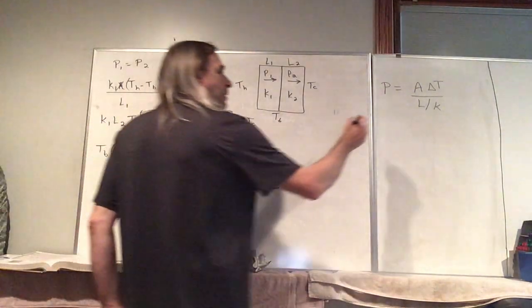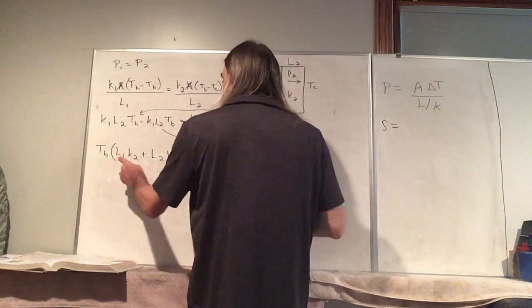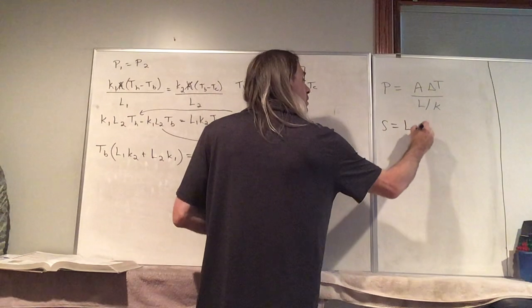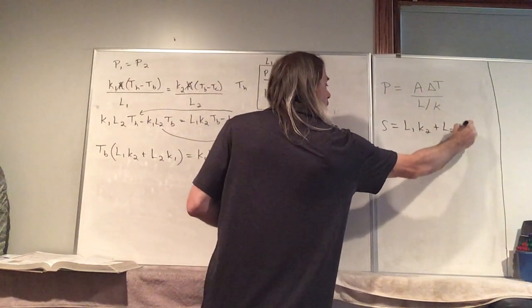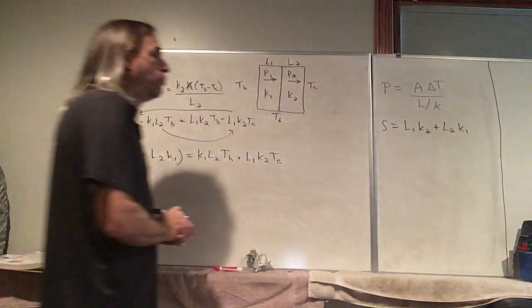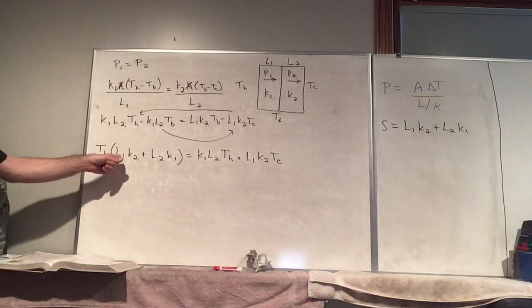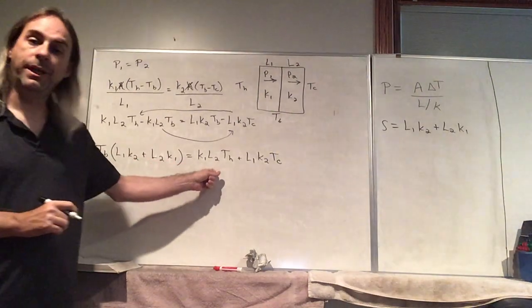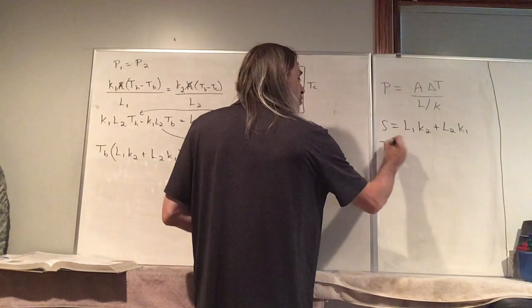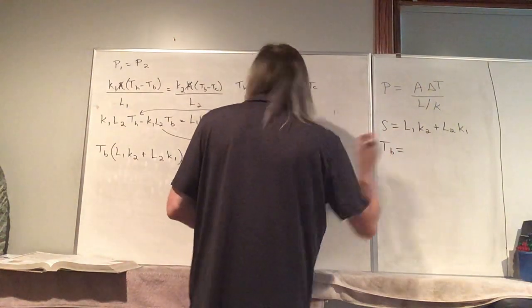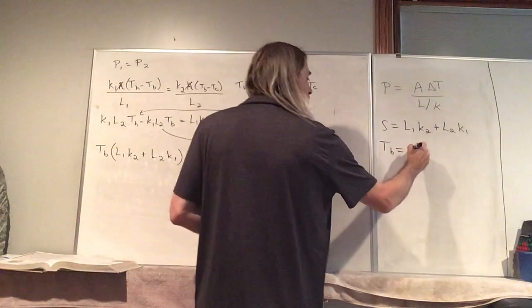So what I'm going to do, I want to try and save space. For now, I'm going to define something called S, just for sum. That'll be L1, K2 plus L2, K1. And so we have TB times S equals this. And so we'll write the boundary temperature here.